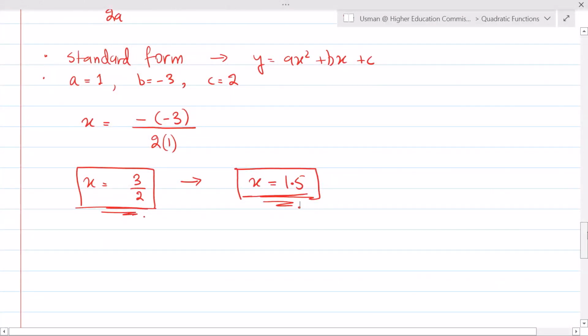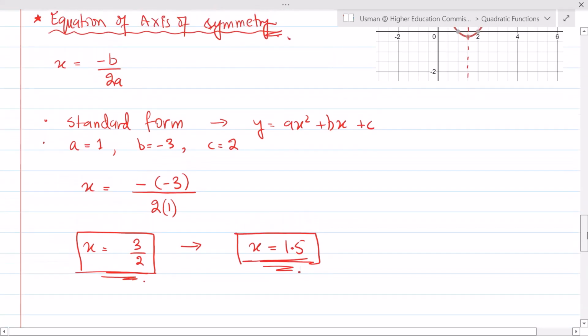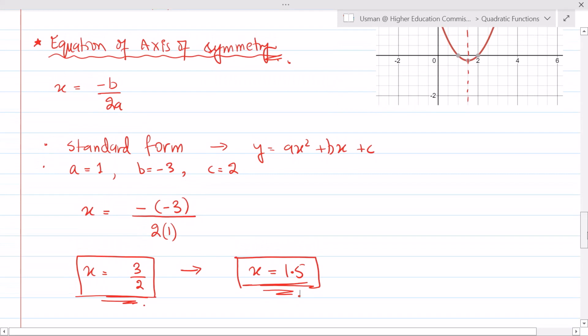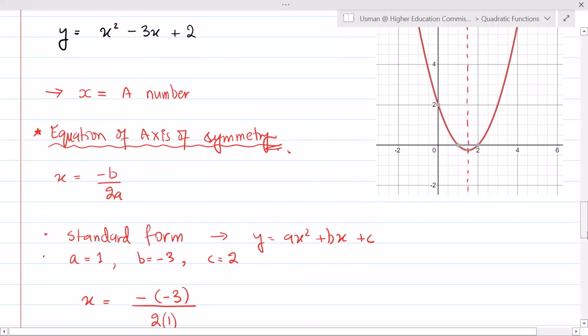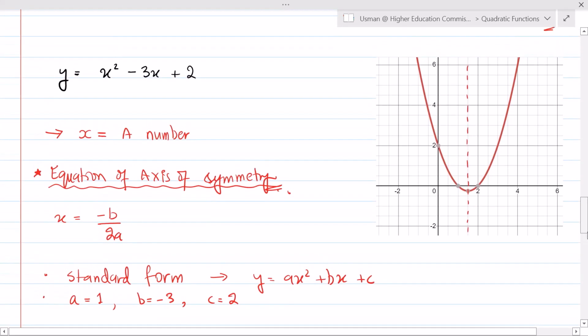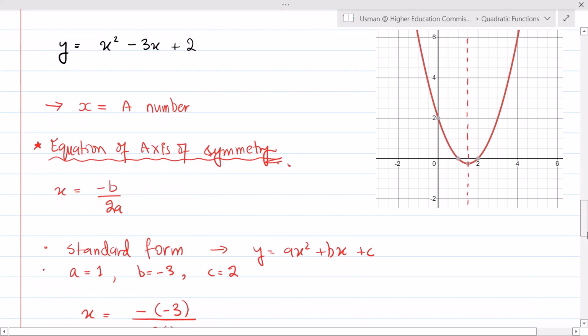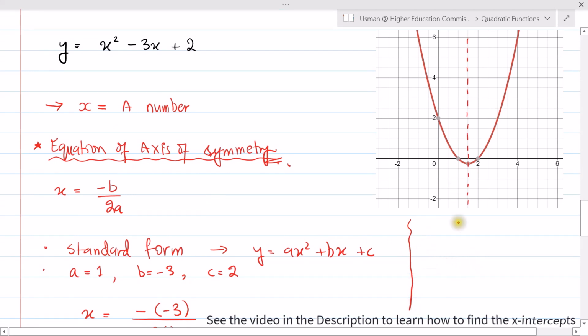There's also another very intuitive method for finding the equation of axis of symmetry. For this, it's not compulsory that your equation is in the standard form. The only requirement for this method is that you already know your x-intercepts. Suppose I already know my x-intercepts and I can see them on the graph. Let's label them x1, which is 1, and x2, which is 2.